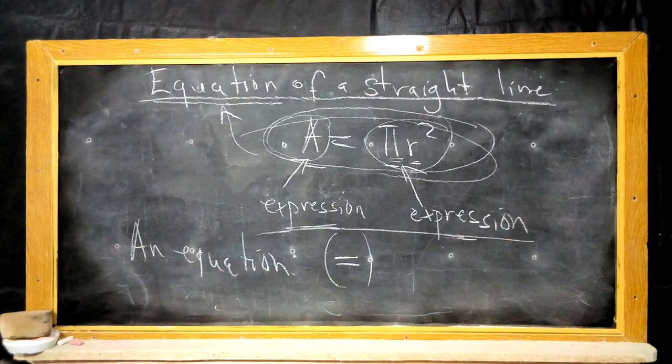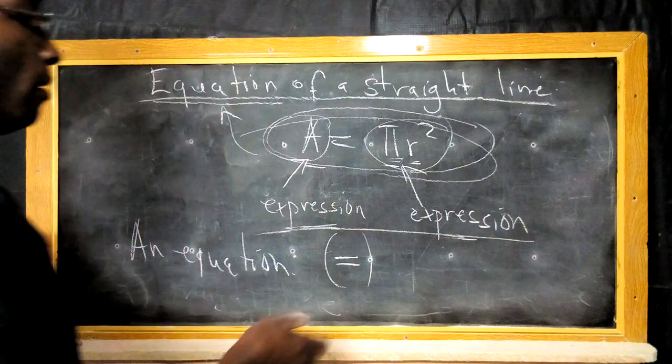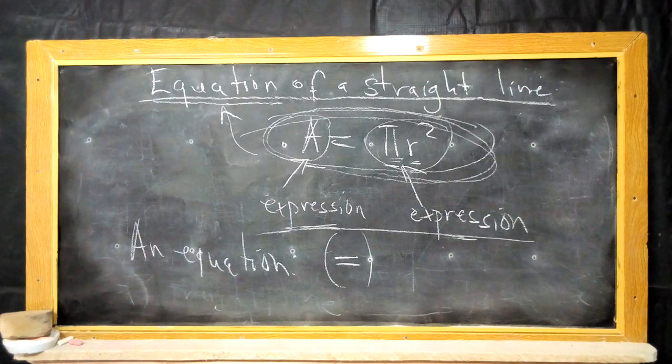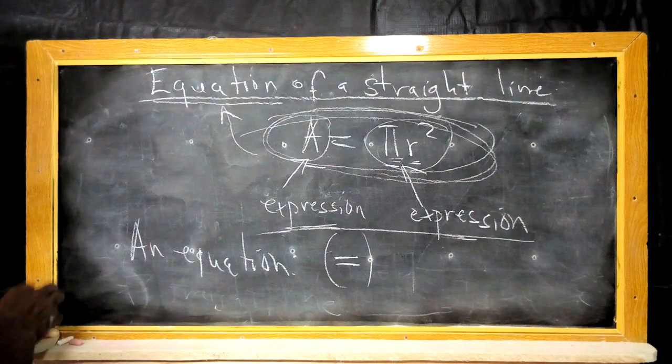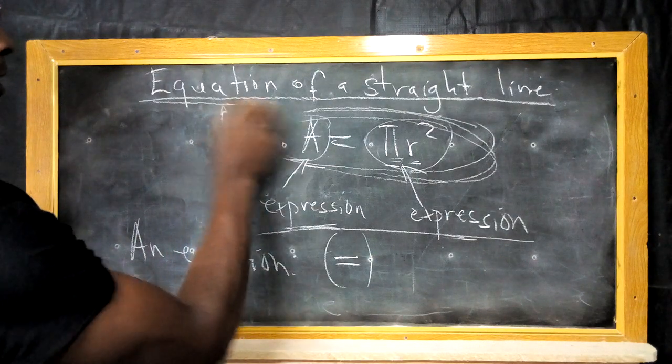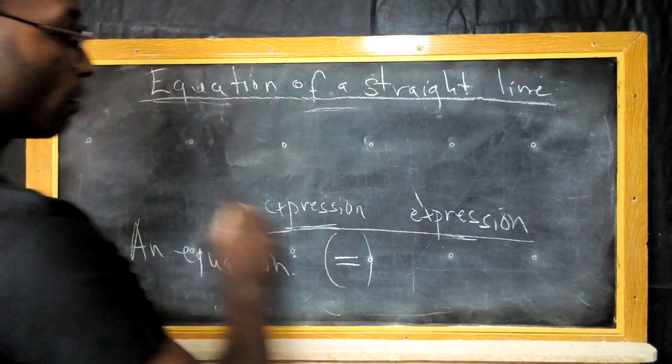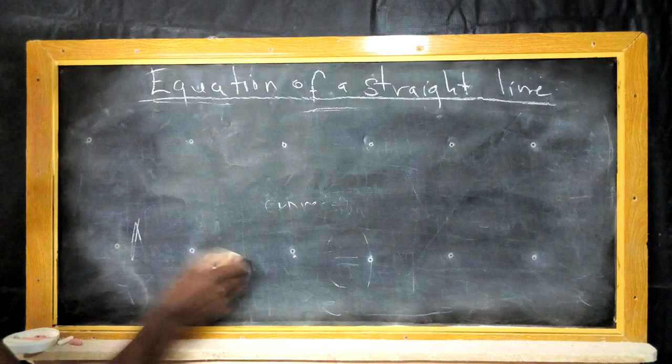So when we say equation of a straight line, it's a relationship or a statement that gives values showing that some aspects of a line are equivalent to another one. That gives us a simple definition of what an equation stands for.